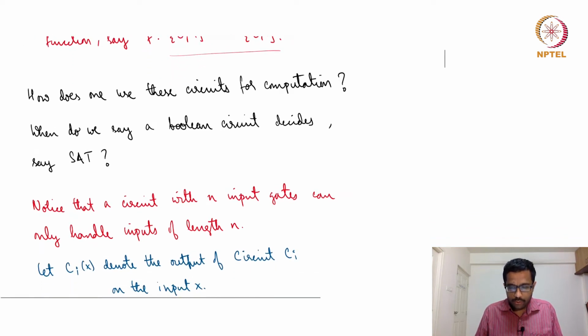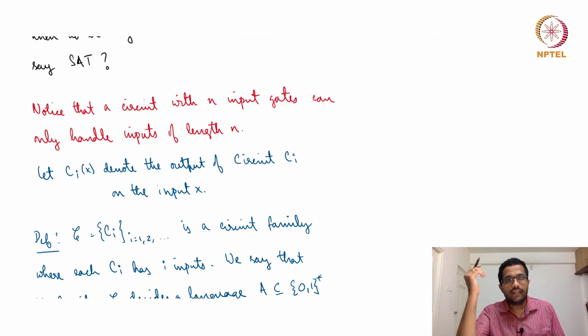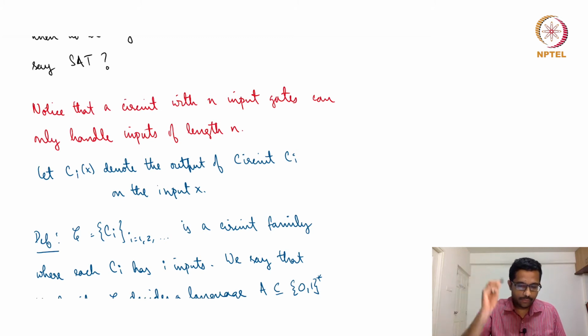What we will do is use a family of circuits, one for each input size, and each circuit of the corresponding input size is supposed to handle that input size.